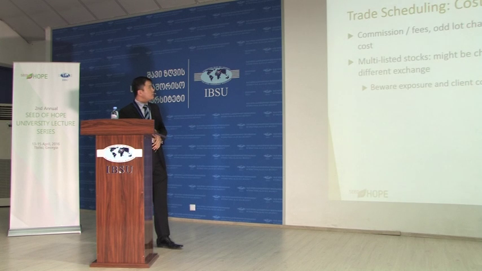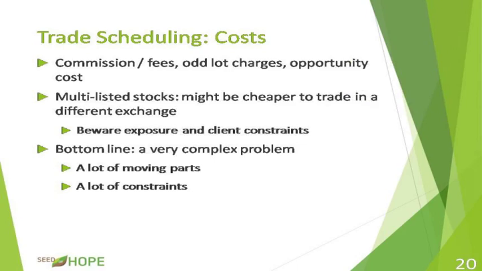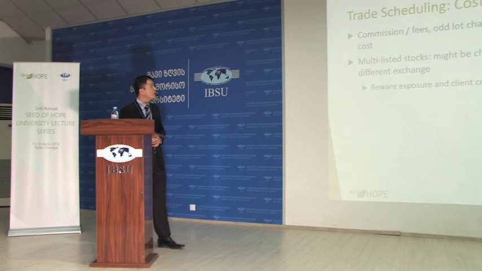Costs. There are a lot of commission or fee charges that I mentioned before, right? Odd lot charges, for example: in the US, we have to trade in multiples of 100 shares. So if you trade, for example, 130 shares, then the 30 shares that you trade are going to be very expensive. The opportunity cost: how do you know these shares are going to be on the market tomorrow, right?